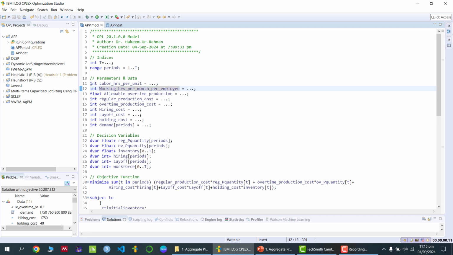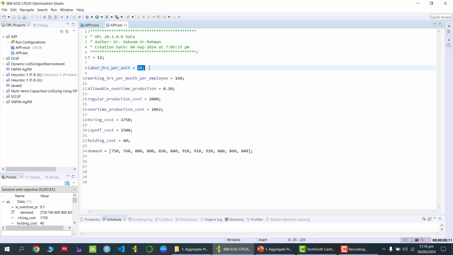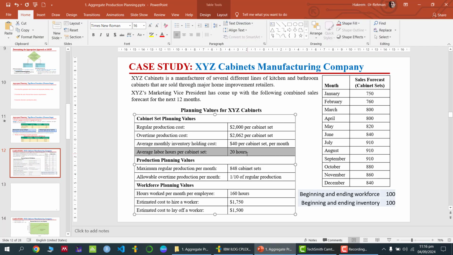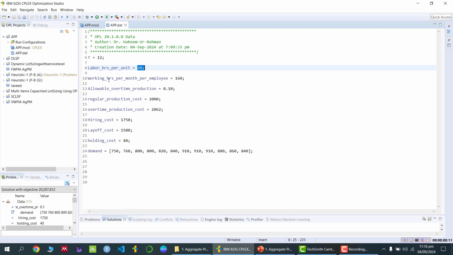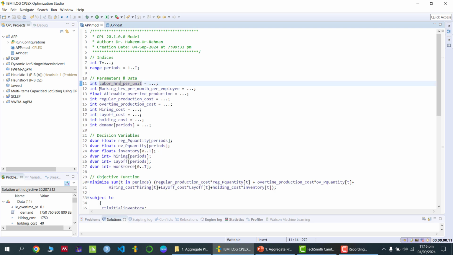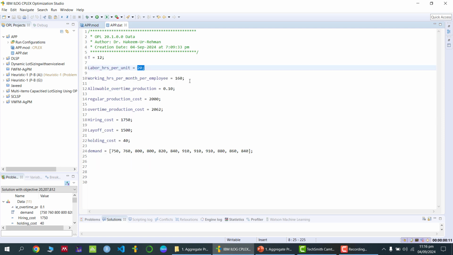So we use int, which is a keyword: labor_hours_per_unit equals 20. That is the information they have given us. The next thing is how many hours per employee are worked, so we define int worker hours per month per employee, which is going to be equal to 160.